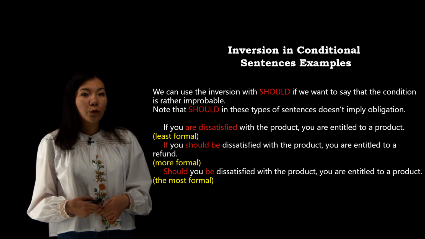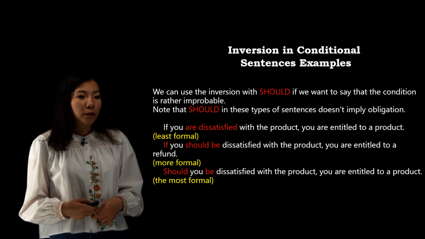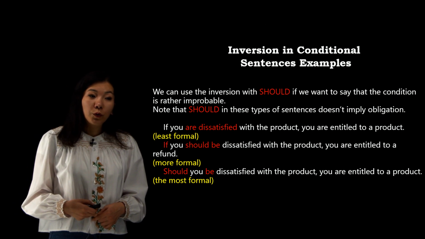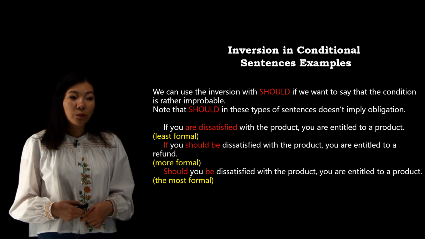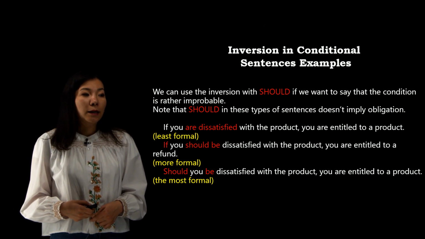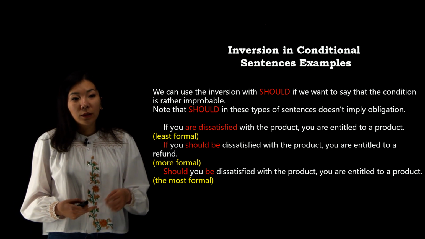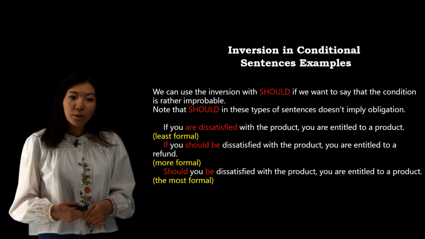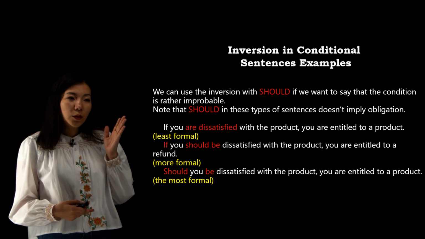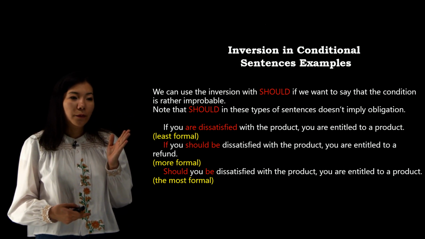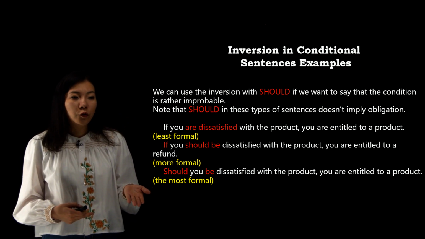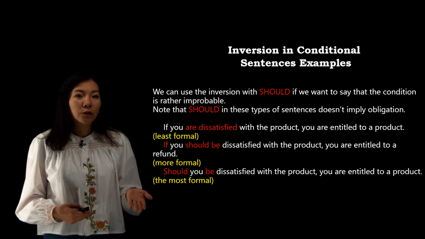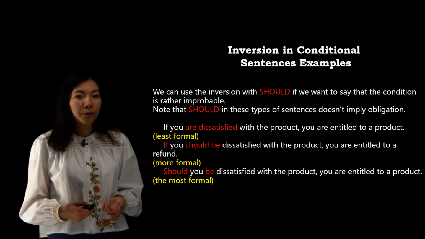It's a kind of more formal thing. And the last one: should you be dissatisfied with the product, you are entitled to a refund. So this is the most formal. Whenever you use inversion with should, your sentence gets more formal.